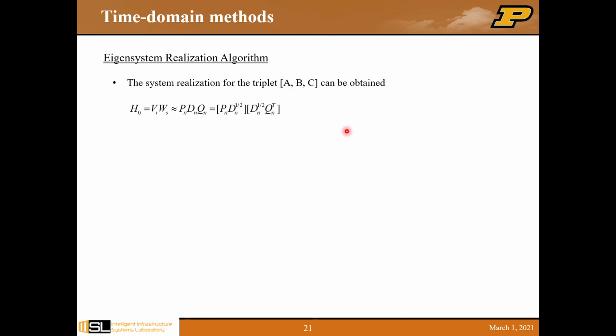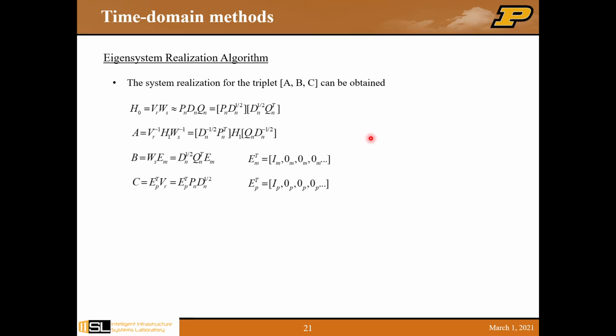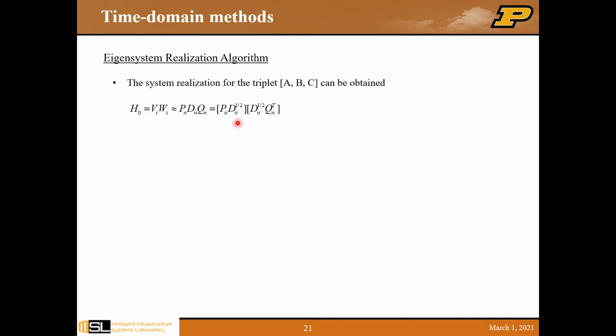All right, so the next step is to obtain the system realization, which is to obtain the ABC matrices utilizing the Hankel matrix. First of all, based on H_0, we can obtain the observability matrix and controllability matrix. They are equal to P_n times D_n to the 1/2, which corresponds to V_r, the observability matrix, and D_n to the 1/2 times Q_n transpose, which corresponds to W_s, the controllability matrix.